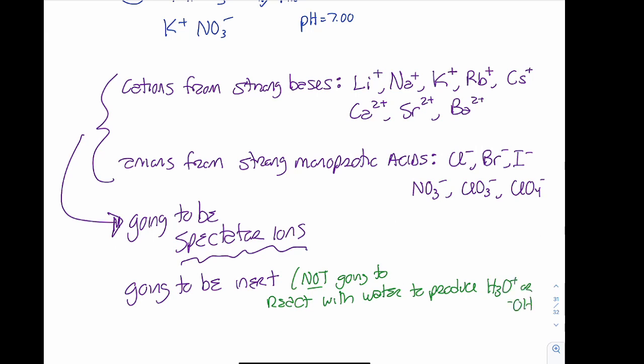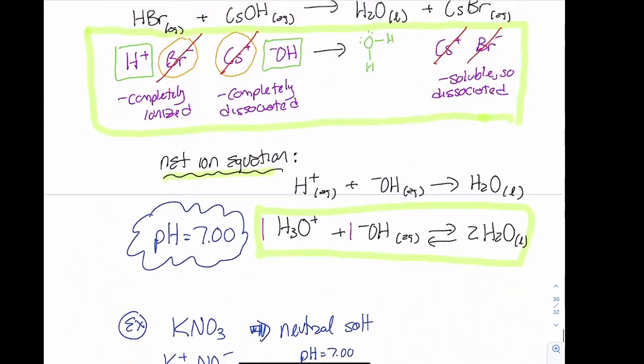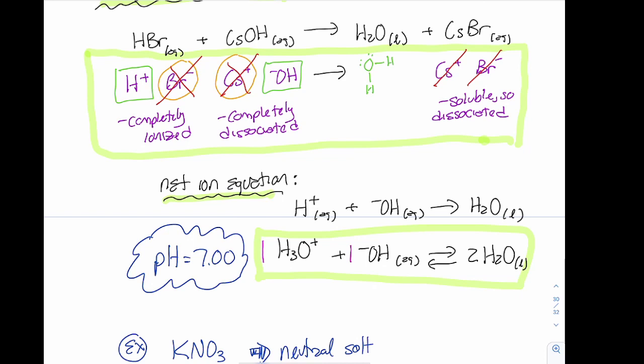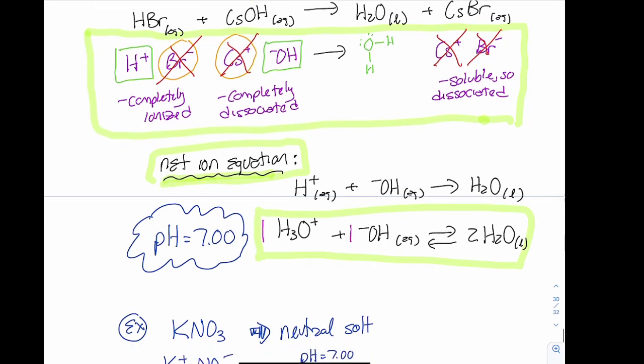When we looked at our reaction up here, red slash through it, soon to be an X, we just cross those guys out. They're not part of my net ionic equation, which I do expect you to be able to write. My pH is going to be 7 because all I have is this.